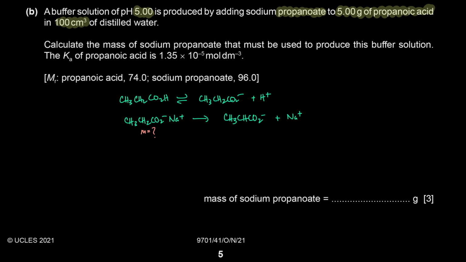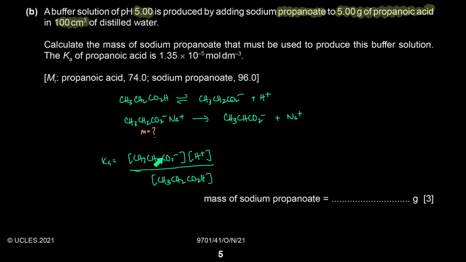Now, in this buffer solution, they've given us the Ka, and we know that the Ka for this acid is simply the concentration of CH3CH2CO2 minus times the concentration of H plus divided by the concentration of the acid. If you remember, for a buffer solution, where can I assume that all the conjugate base comes from?